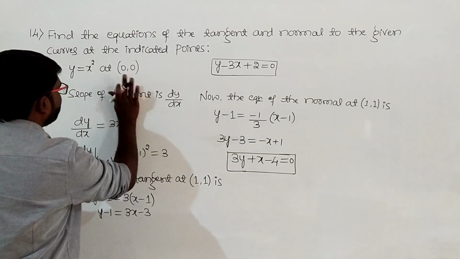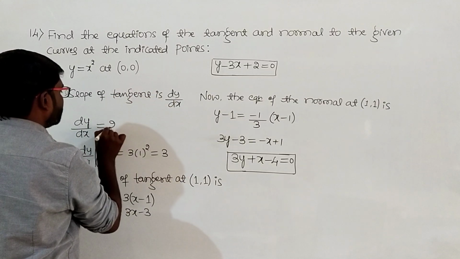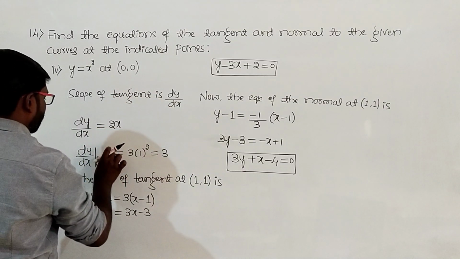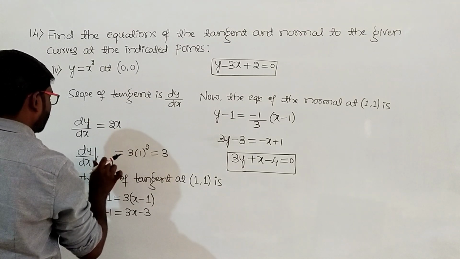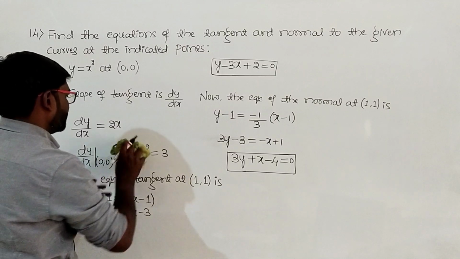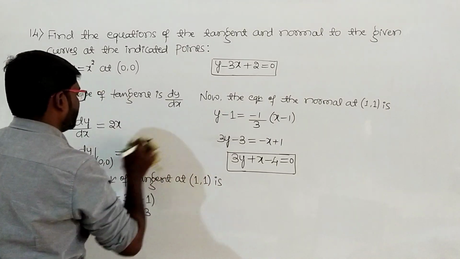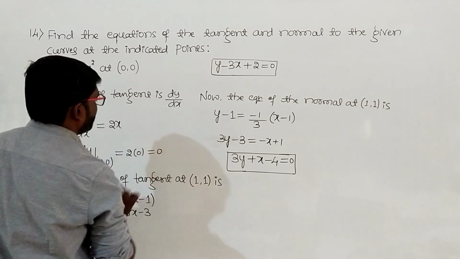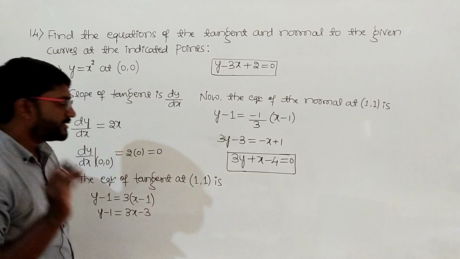Derivative of x square will be 2x. And then dy by dx at 0 comma 0. So here what do we get? 2 into 0. It will be 0. So overall the slope of the tangent is going to be 0.